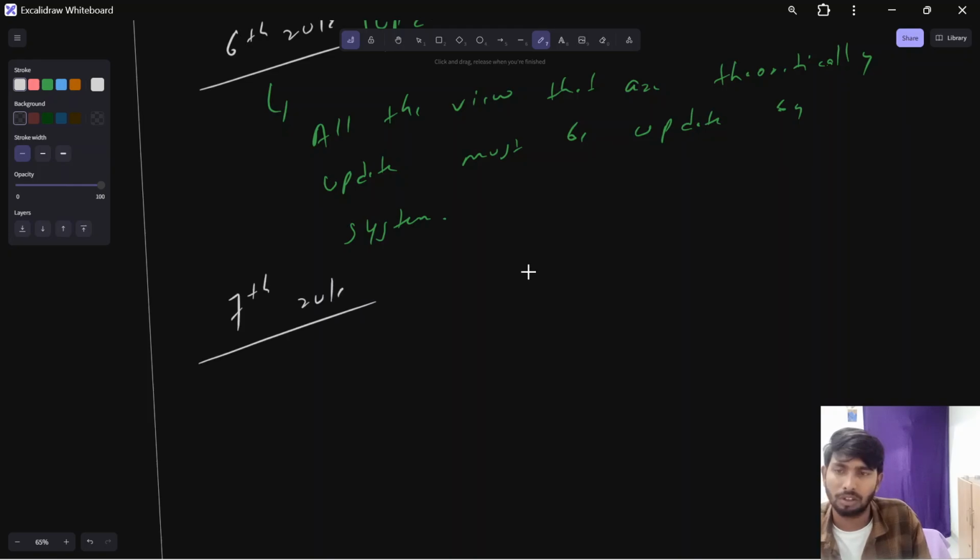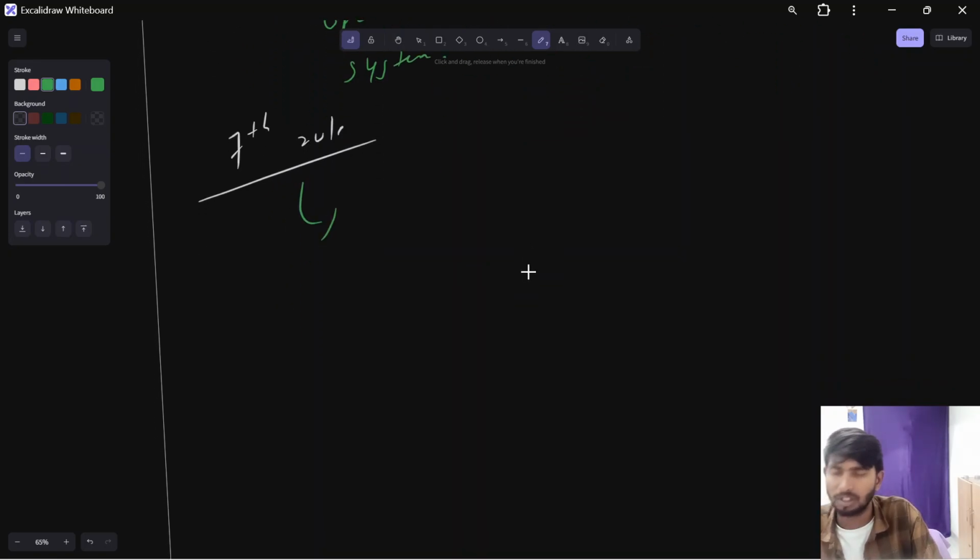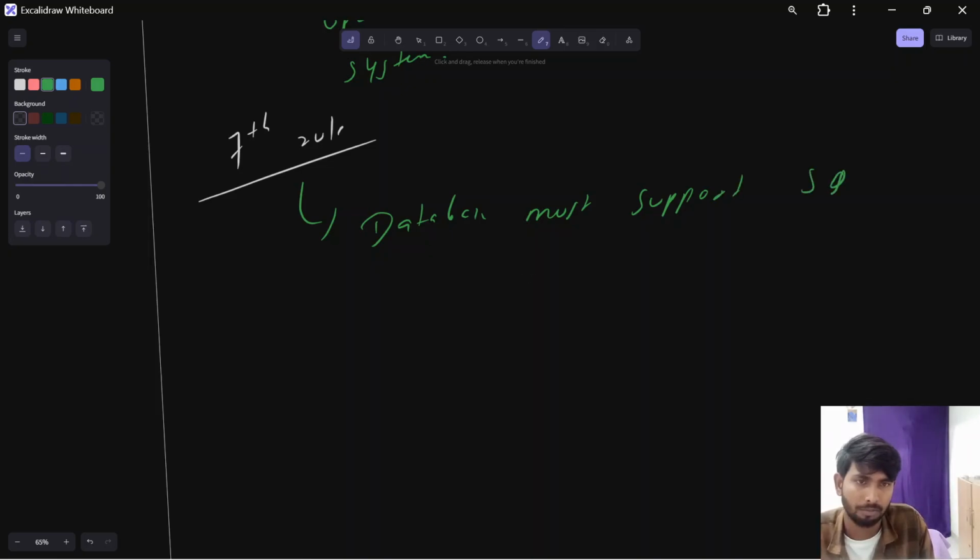Next, we have the seventh rule. Here we can say in the seventh rule, the database must support SQL insert, update, and delete operations.